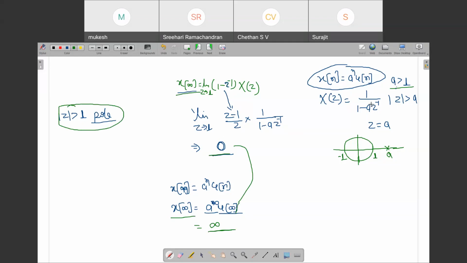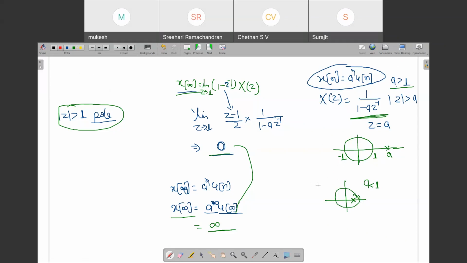Now if you take the same problem but make a less than 1, x of z will be the same as what we have got, but our pole will be inside, because a is less than 1. So in the case when a is less than 1, again you have a z equal to 1 circle, but since a is less than 1, your pole will be somewhere here. Now our pole is inside this circle.